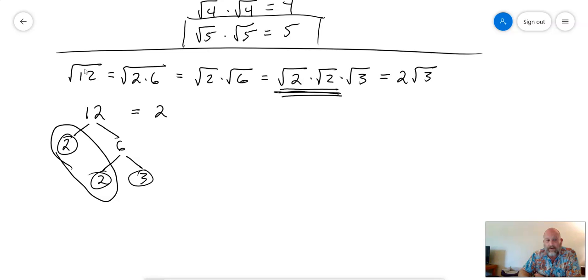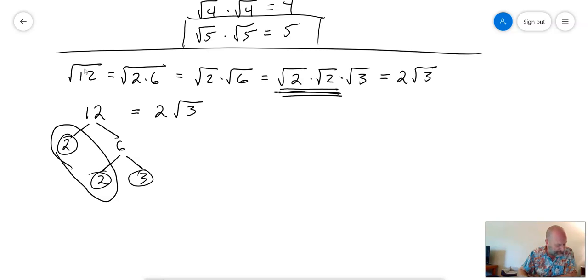This square root of 3, each one of these is technically still in a root. But this square root of 3 doesn't have a pair to kill the root, so it has to stay in the radical. And so basically it works like this. Once you get everything factored out, you start looking for pairs. Everything that has a pair comes out of the root. Everything that doesn't have a pair stays in the root.